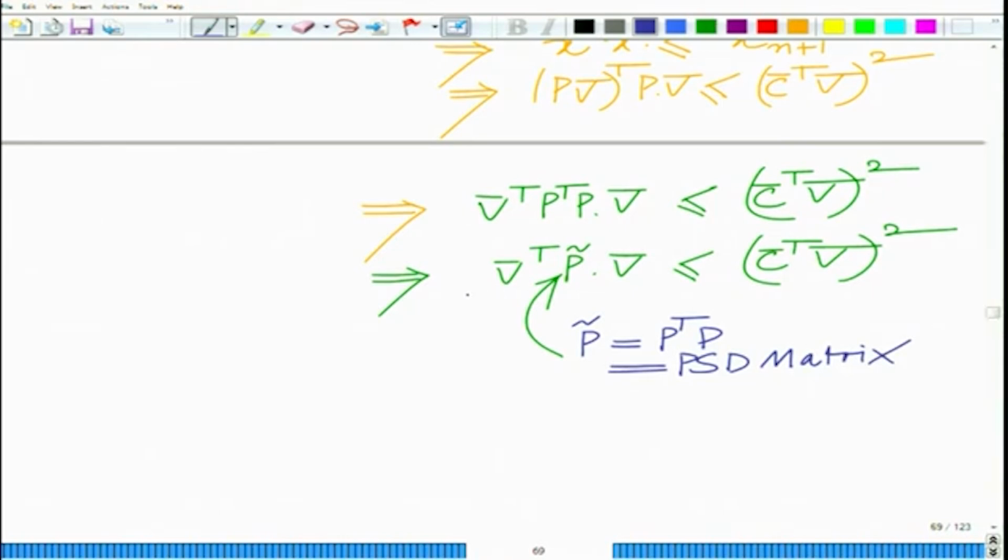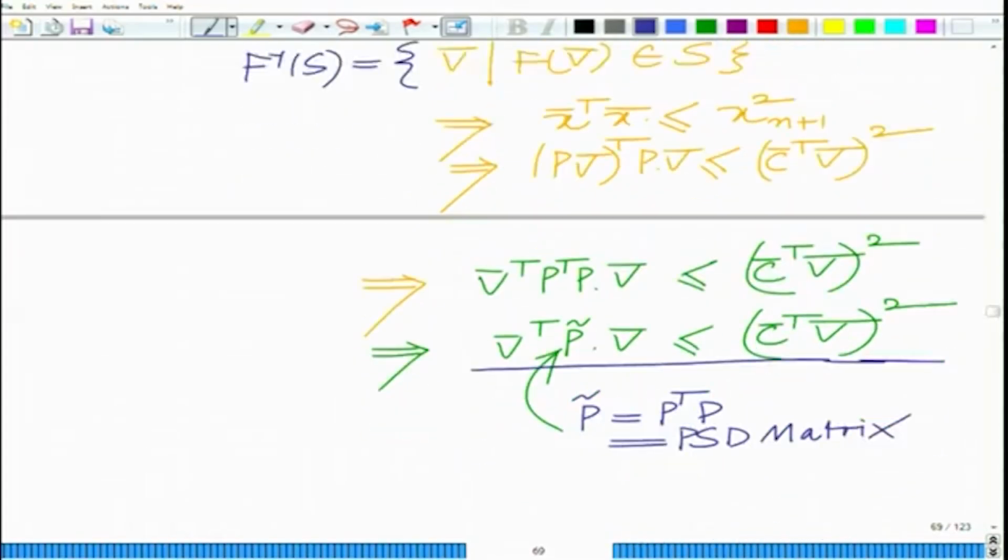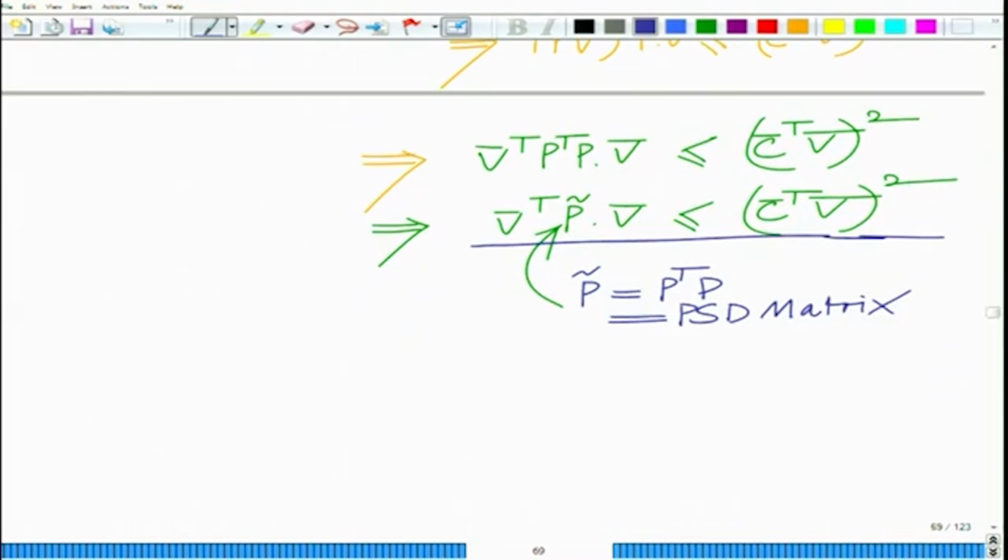So, now what you can see is this set of v bar which satisfies this, by the property of the affine precomposition, since we said f of v bar, that is x bar, belongs to S, that is the norm cone.